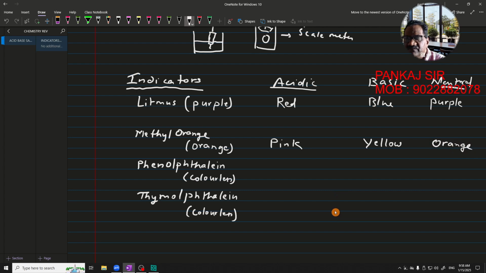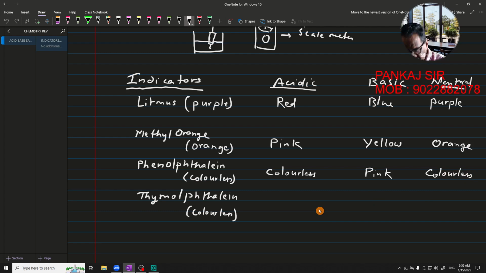Phenolphthalein is colorless originally. When you put it in acid, it will still remain colorless. But the moment you put it in a basic solution, or an alkaline solution, it will get converted to pink. Got it? And in the neutral solution, it will remain colorless.